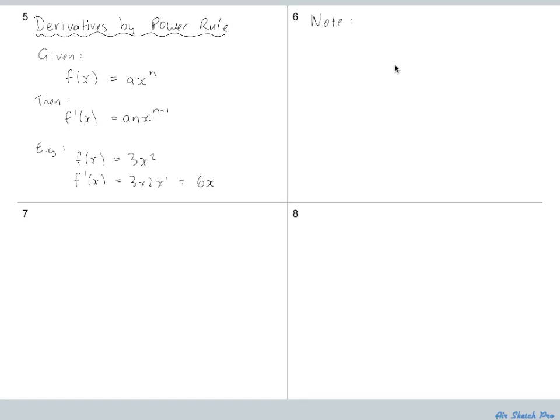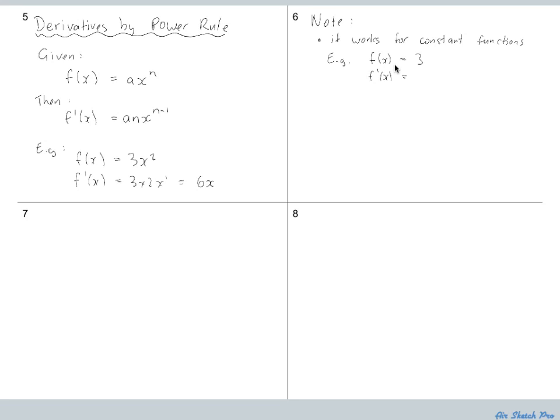So let's put some examples down so we can get it. So note, it works for constant functions. f of x equals 3. f dash of x.